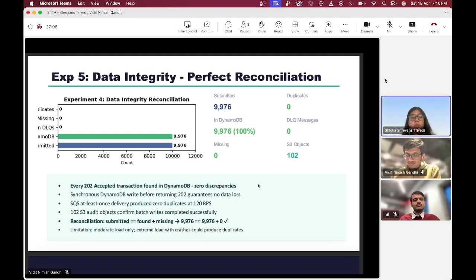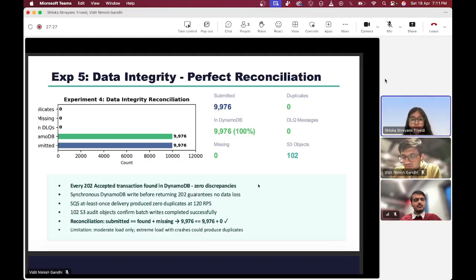So what we did was submit approximately 9,976 sequential transactions with unique user IDs through 50 concurrent Locust users. Every 202 accepted response was logged to a CSV file with the transaction ID and a timestamp.